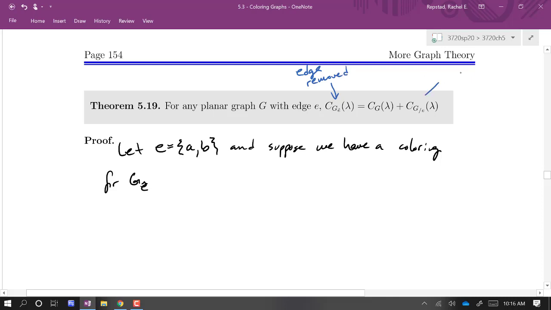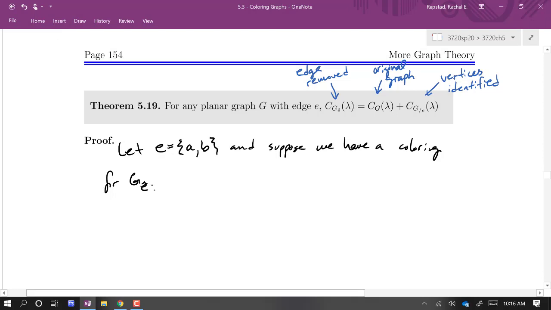And G mod E is the edge removed and the vertices are identified, sort of squished together. And G is, of course, the original graph. So we're going to suppose we have a coloring for G sub E hat.